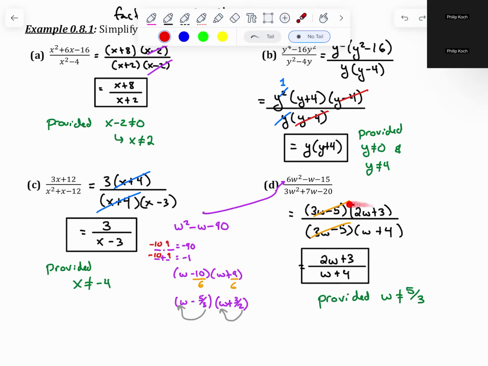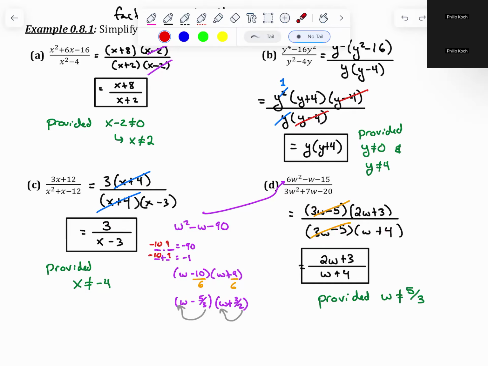But I saw that in my numerator 3w minus 5, so I tried to put in -5 there and then checked what would happen if I put a +4 there, and I got the right answer. And so luckily it cancels, but you can use any method you want to factor. And since I've canceled that, provided that 3w minus 5 does not equal 0, or more simply, w can't equal 5/3. Are there any questions on those?